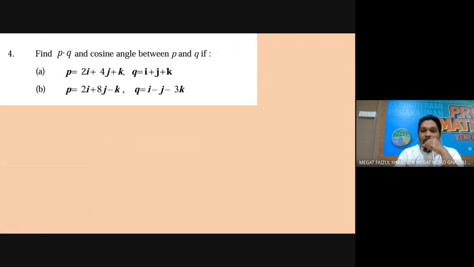Class, what is the formula of the dot product or scalar product? P dot Q equals... Can somebody tell me what is the formula of the scalar product or dot product?